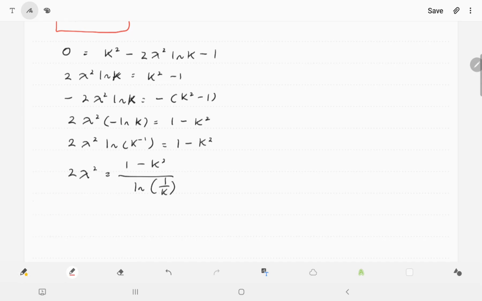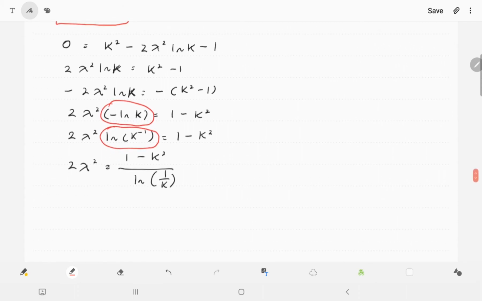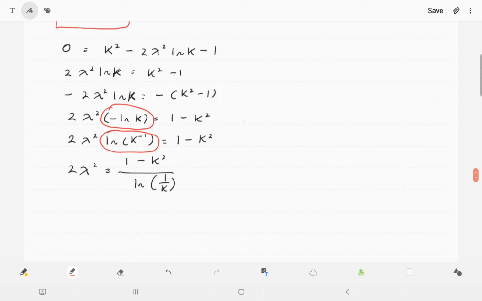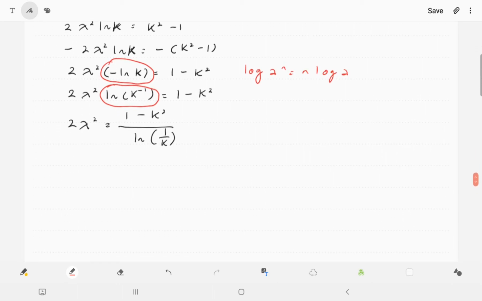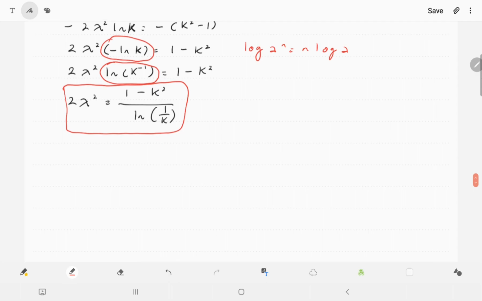So from here to here, you need to remember your logarithmic operations, because log A to the n is equal to n log A. So this basically gives us lambda in terms of k.